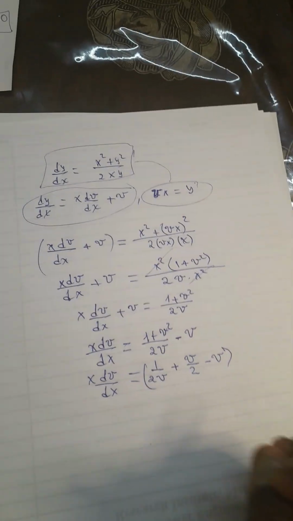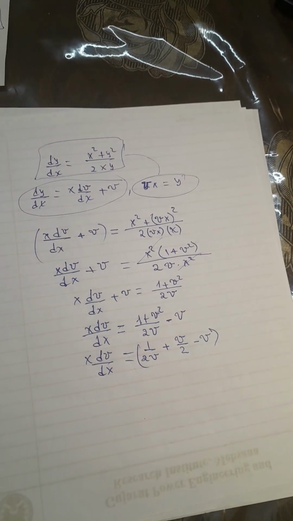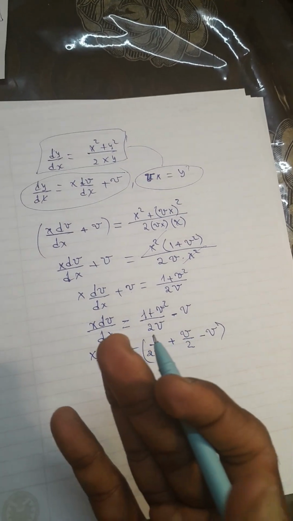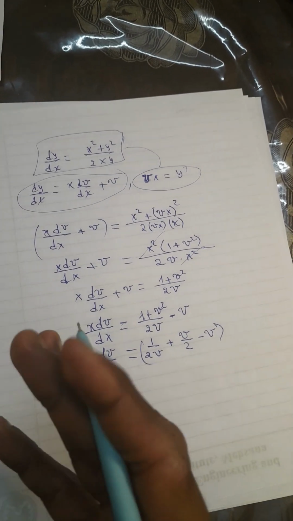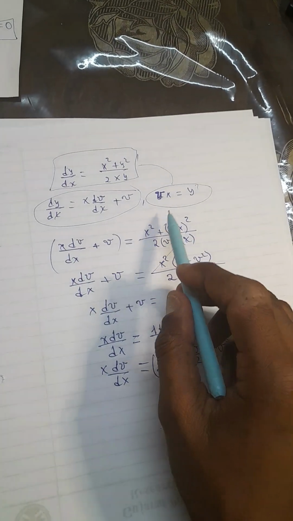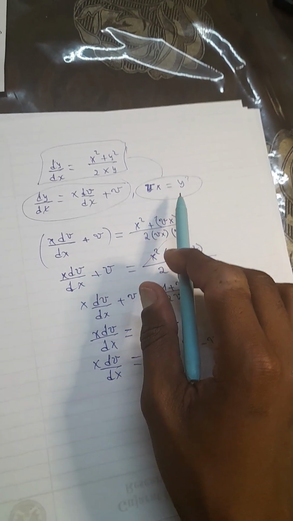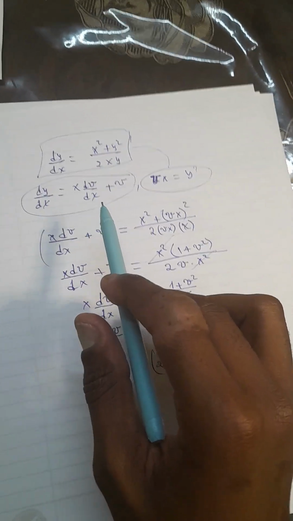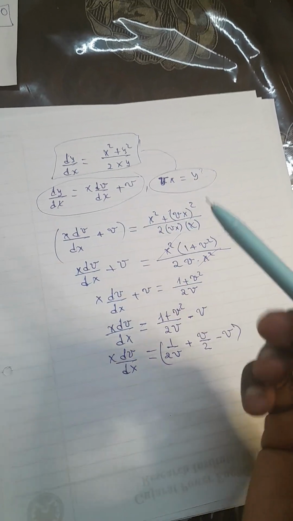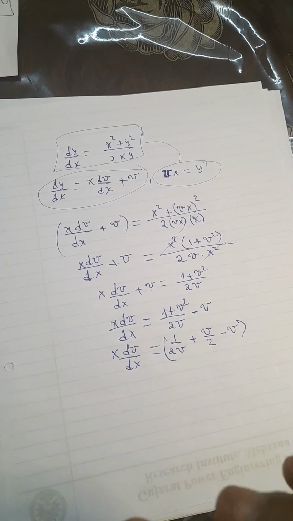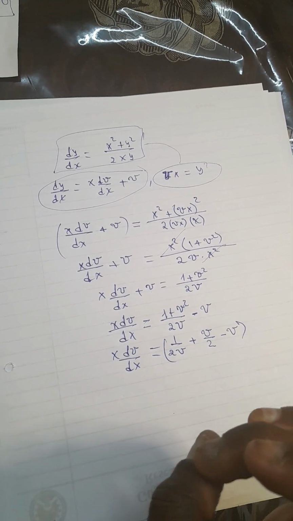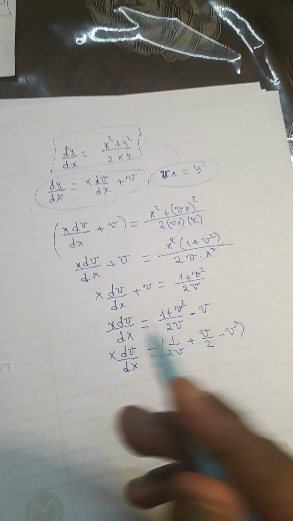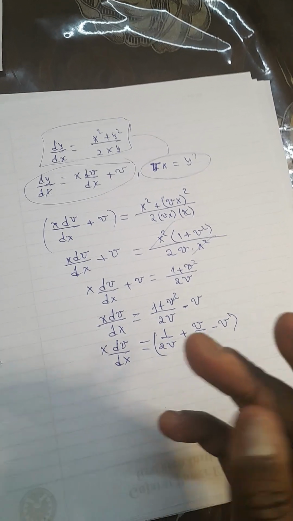So in a nutshell, whenever we have a homogeneous function, we just apply the substitution, apply this differentiation, and the next step is to substitute them. You will end up with an expression that can be solved by applying the separable method.